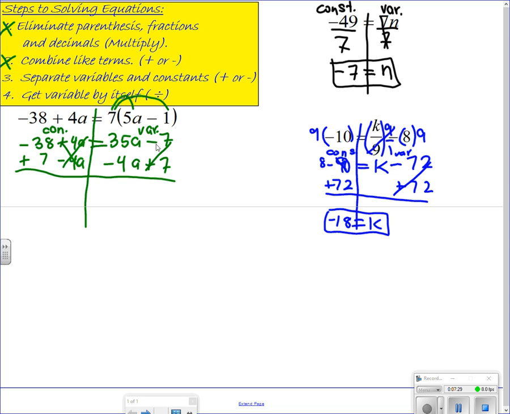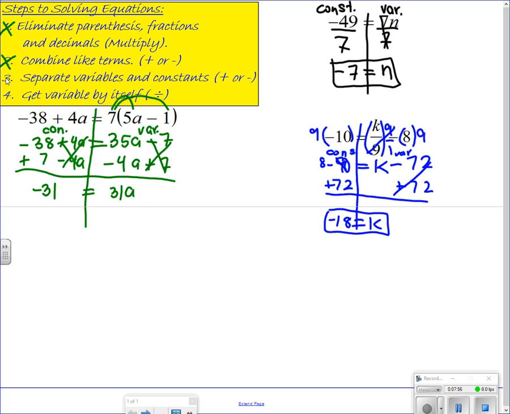These will cancel because they're opposites. Negative 38 plus 7. 8 minus 7 will give you 1. That will be negative 31 equal to 5 minus 4 will give you 1, and that will give you 31a.